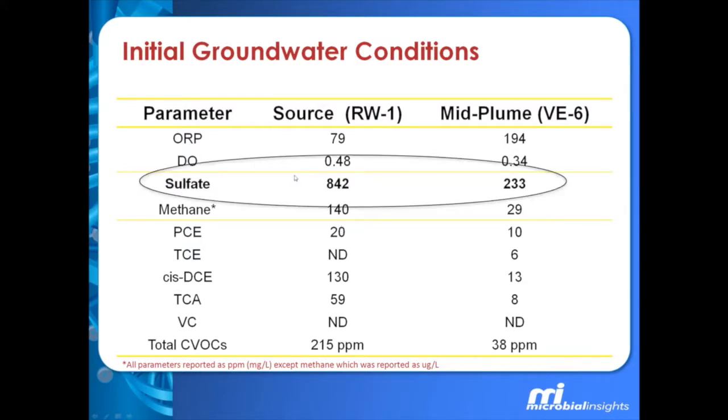These are some analyses of 2 different groundwater samples from 2 different wells at this particular site. What I wanted to point out is that the sulfate concentration at this site was quite high.